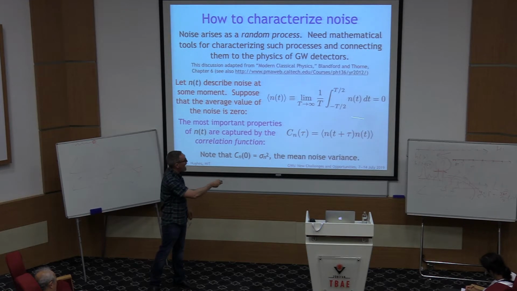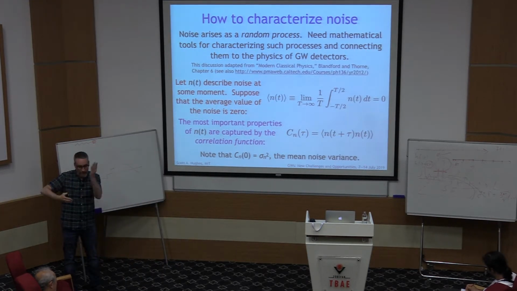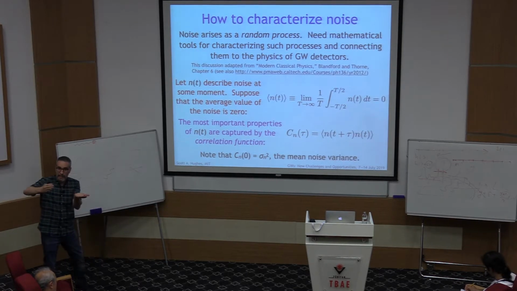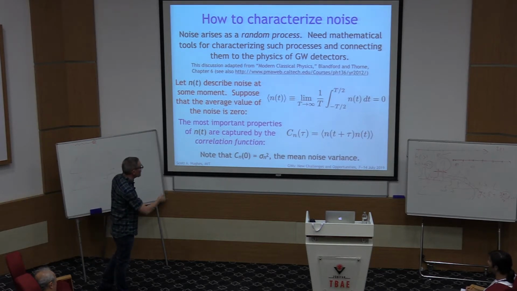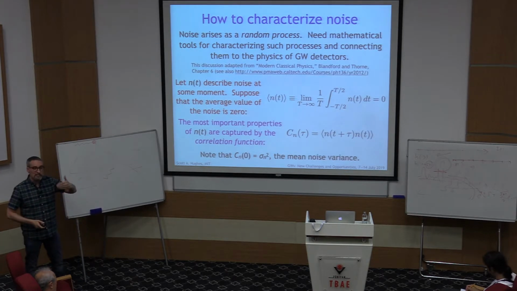This tells me how the noise evolves as I wait. If I know what it looks like right now, what does it look like if I wait 1 millisecond, 1 second, 10 seconds? And so this correlation function tells me a lot about the properties of the noise and how it evolves as a function of time.